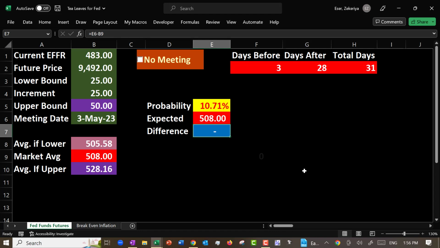There's a small chance that they could do all 50 in March. If they do all 50 in March, it would be 508.